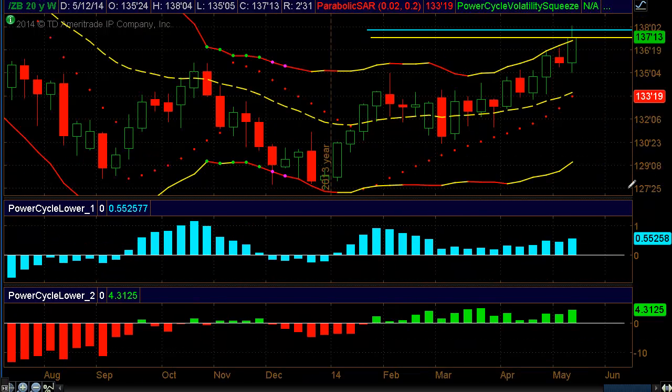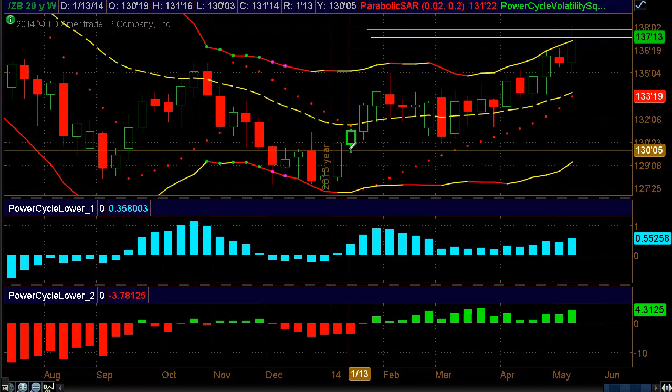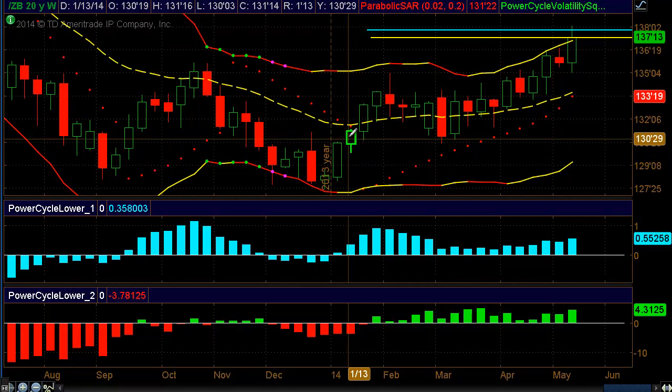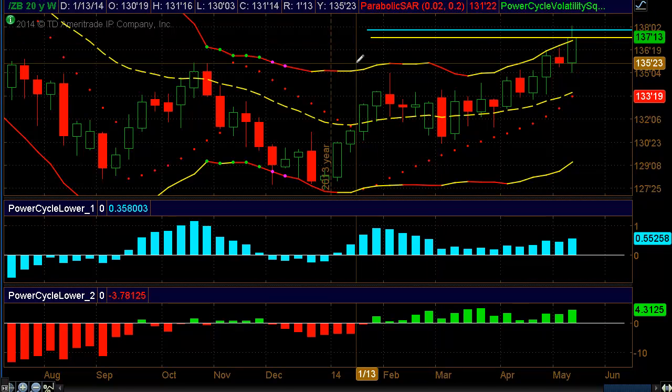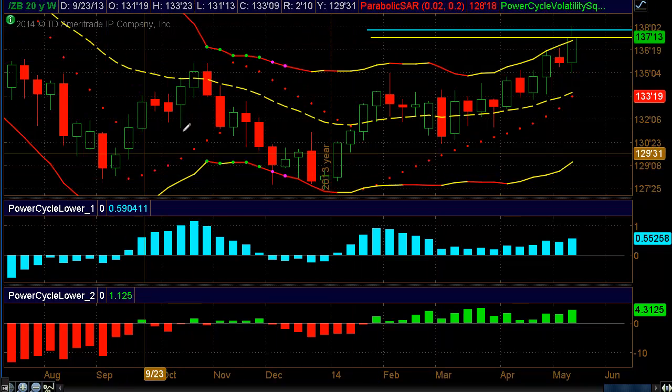Now, markets like symmetry, it's amazing. I guess it's a psychological aspect of trading based on human nature, but I like to look at symmetrical moves, and the market likes to look at symmetrical moves.